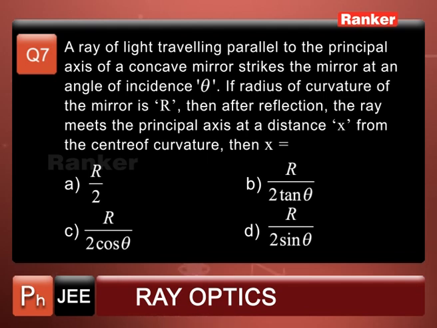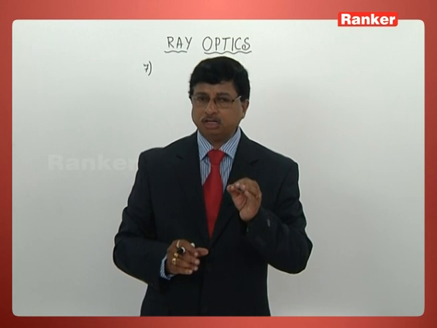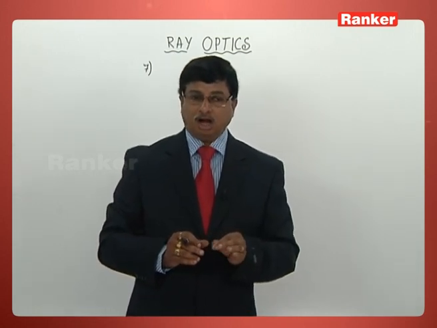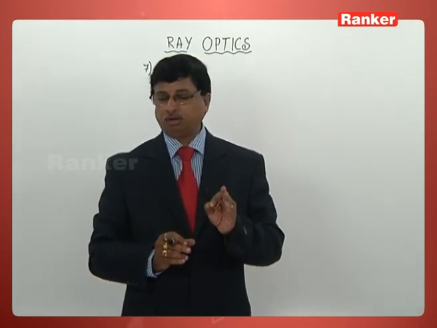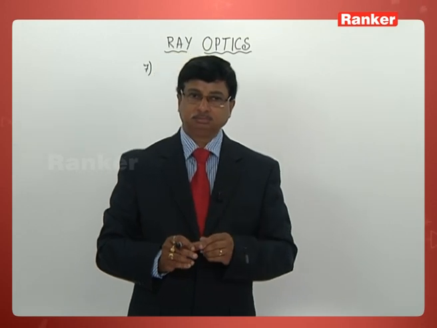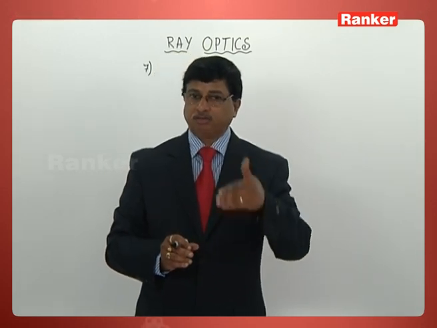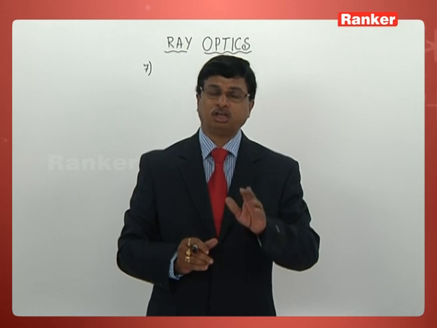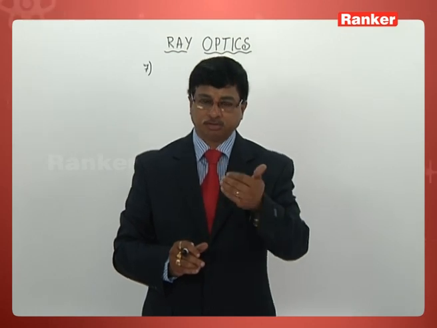Then x is equal to how much? One of the excellent questions. And of course 90% of you may even take the first option for granted in this case, and that is not the correct option, for which we shall discuss now.